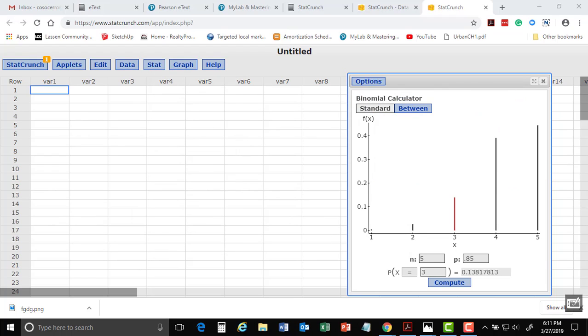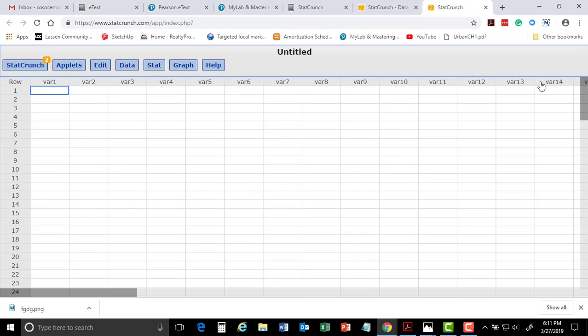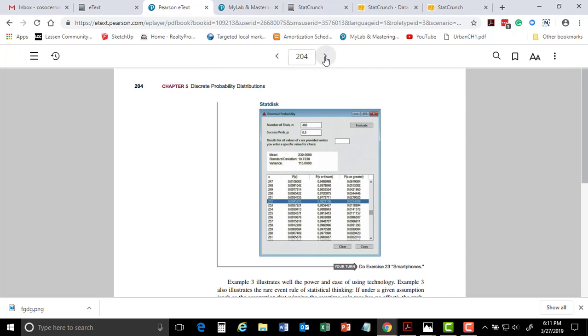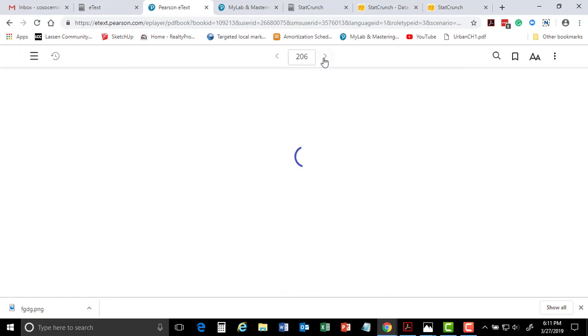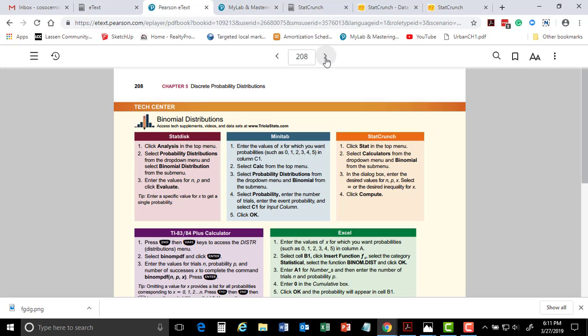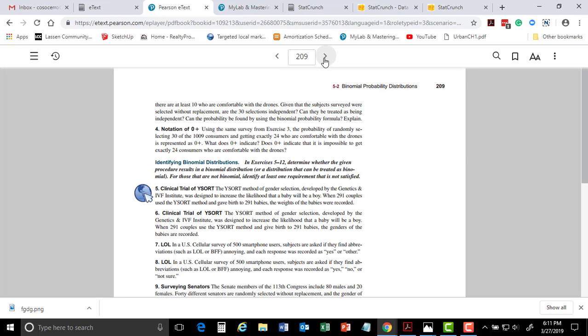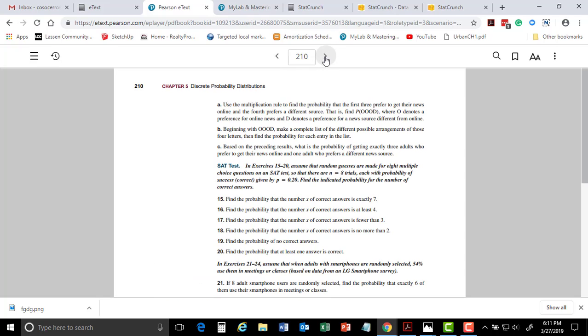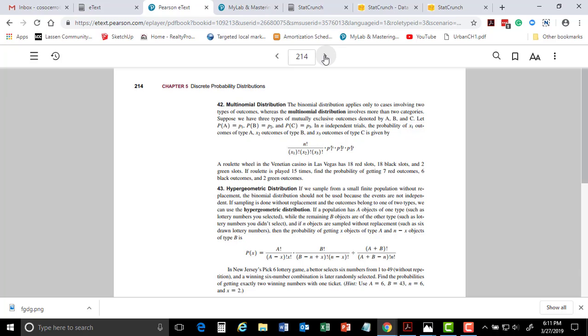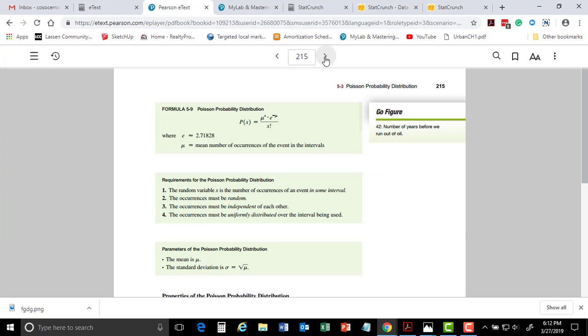So let's clear it out, and I don't need this term here. Now back to the book. There's the binomial.